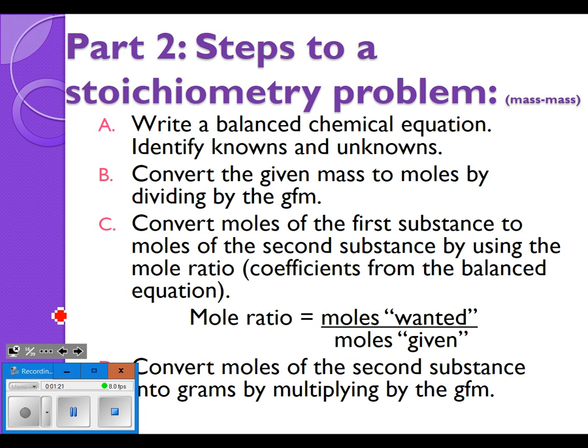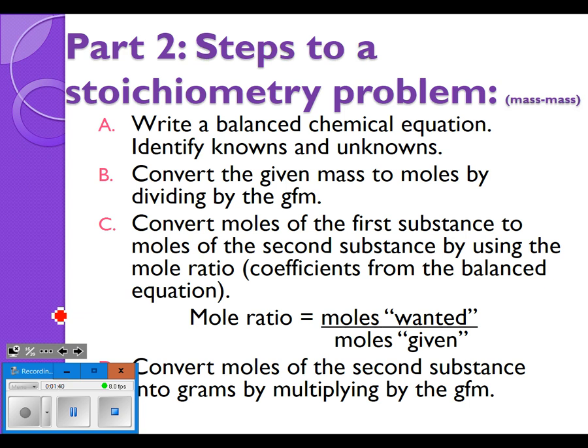Then once you get that given value into moles, you'll convert moles of the first substance to moles of the second substance by again using a mole ratio. And that mole ratio will be using the coefficients from the balanced equation.